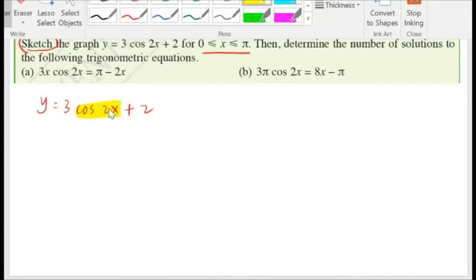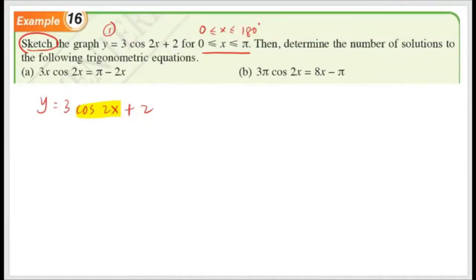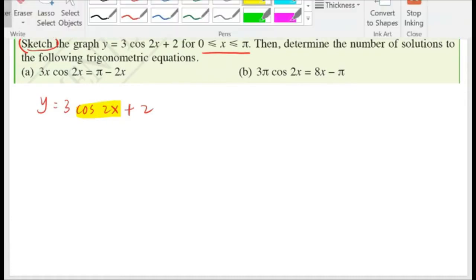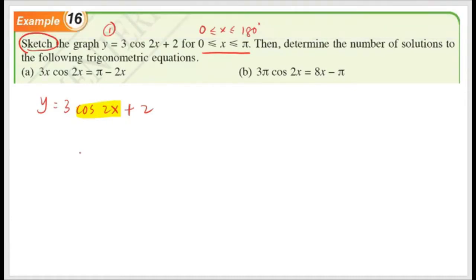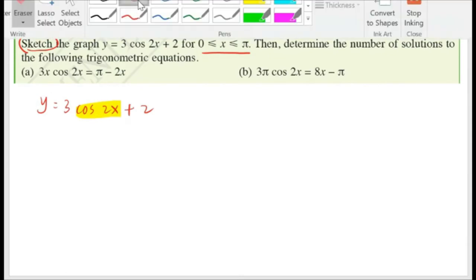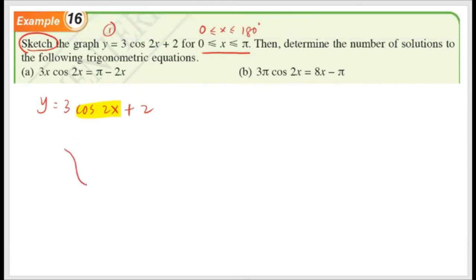In the angle, 2x means it will have 2 cycles from 0 to 2 pi radians. How to draw cos? Cos is like this, right? We say we'll have 2 cycles from 0 to 2 pi radians.